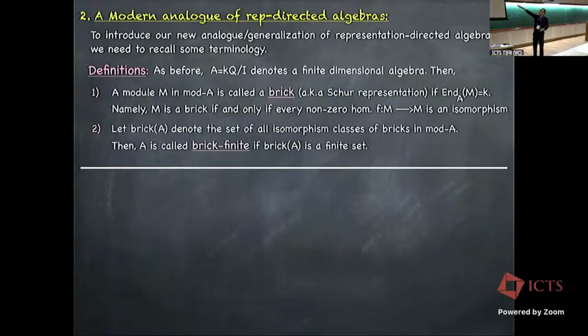To fix the notation, by brick of A, I denote the set of all isoclasses of bricks of the category that I care about. And the algebra is called brick finite if you only have finitely many isoclasses of bricks.